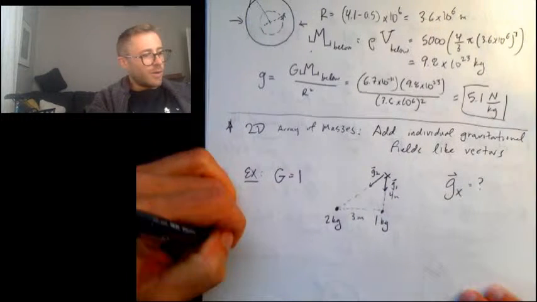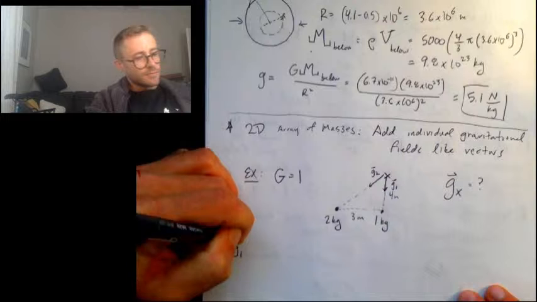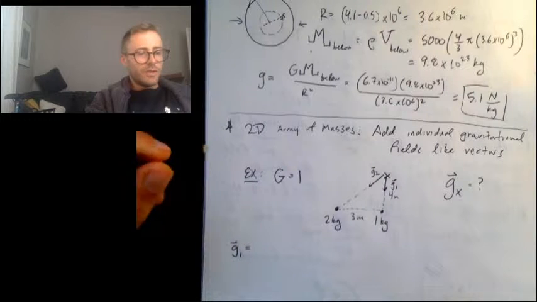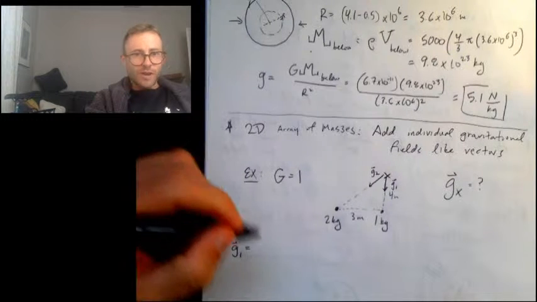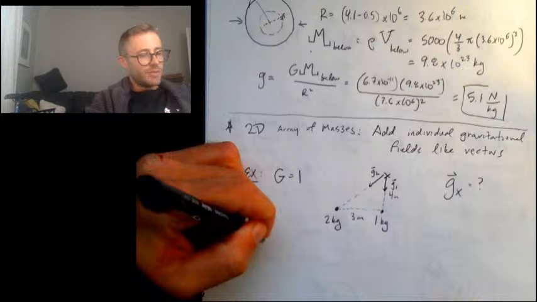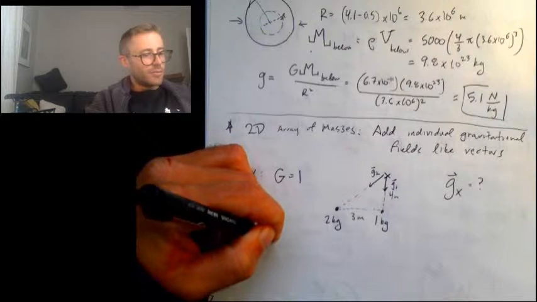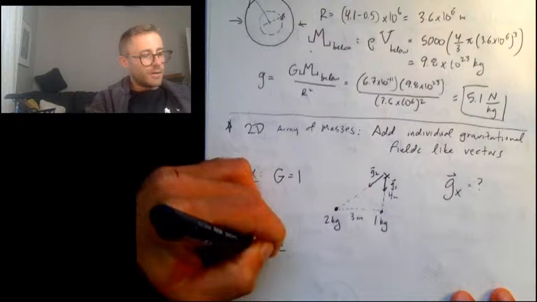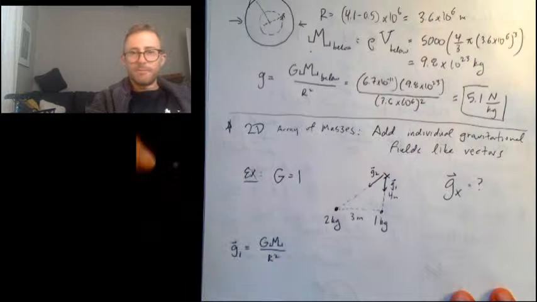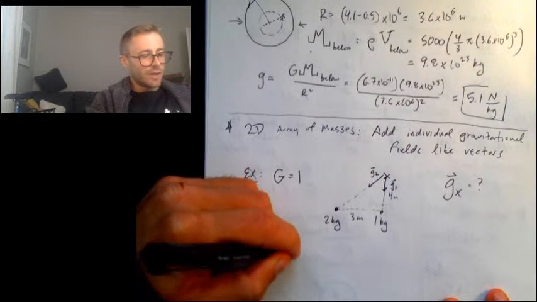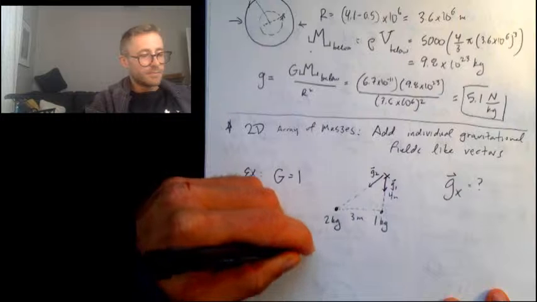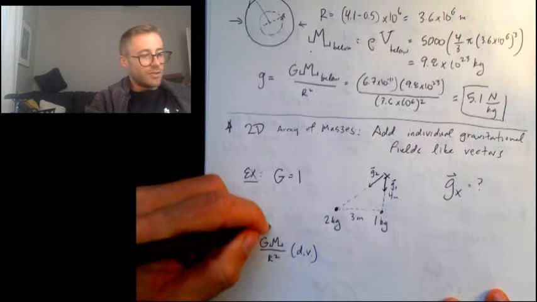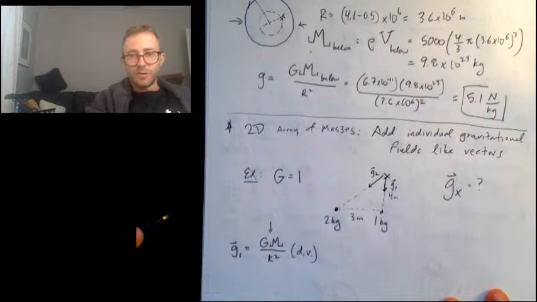So let's go ahead and figure out, what is G1? Well, the magnitude of the gravitational field is going to be big G times big M over R squared times a direction vector. So this is the magnitude of the gravitational field, and then we multiply it by its direction vector.